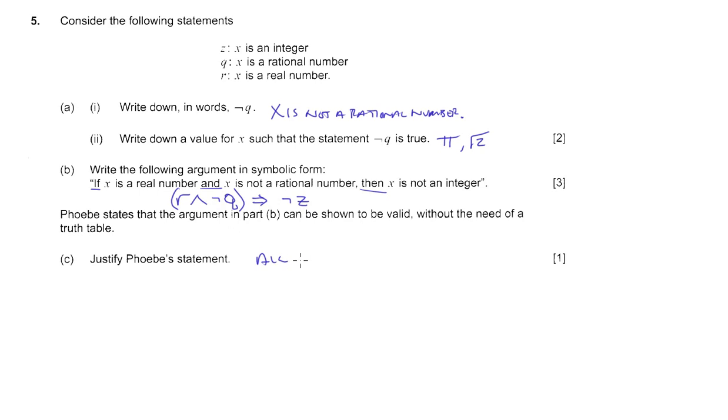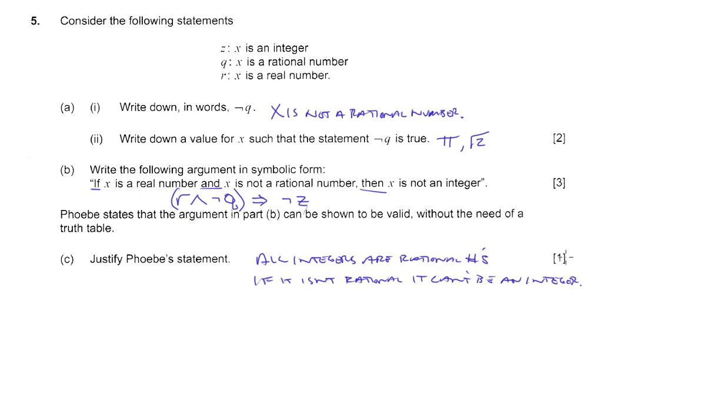So integer was our Z. So if it's not rational, then it can't be an integer. So if it isn't rational, it can't be an integer.